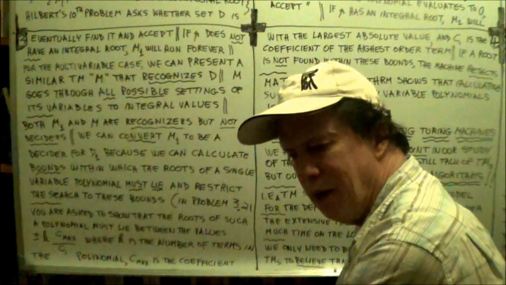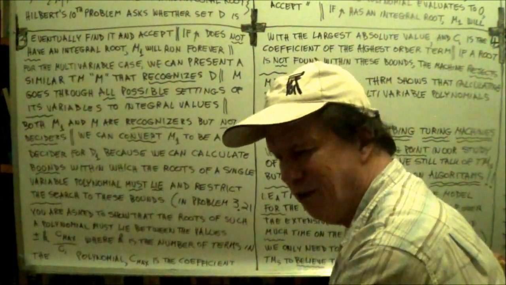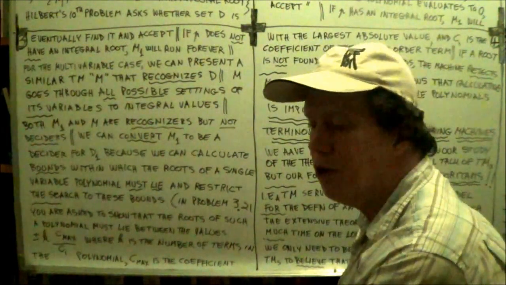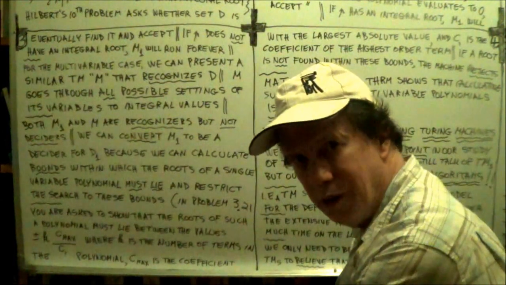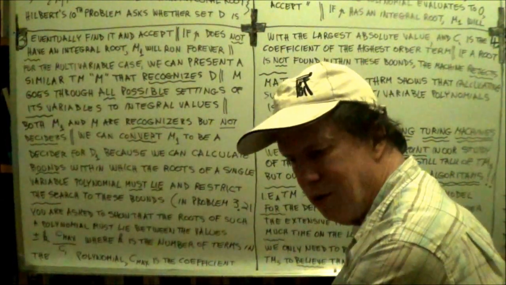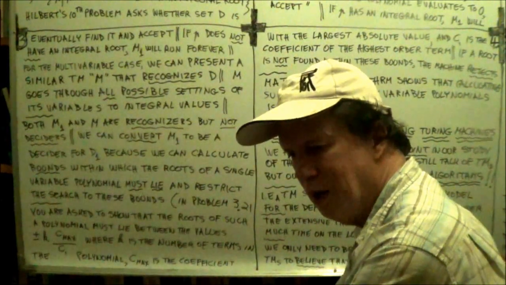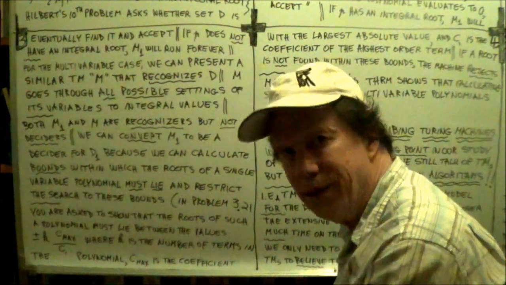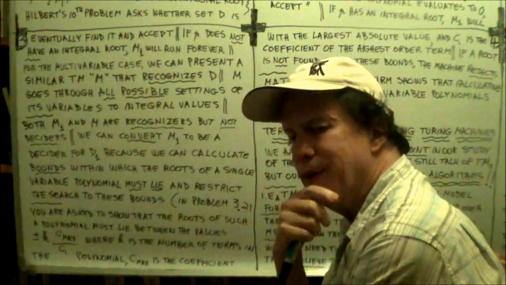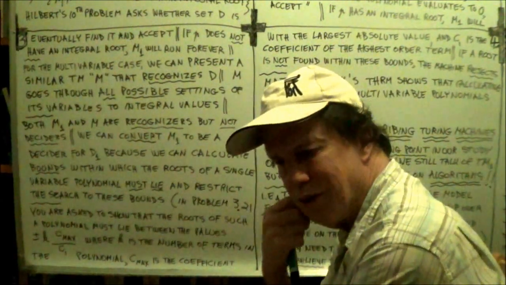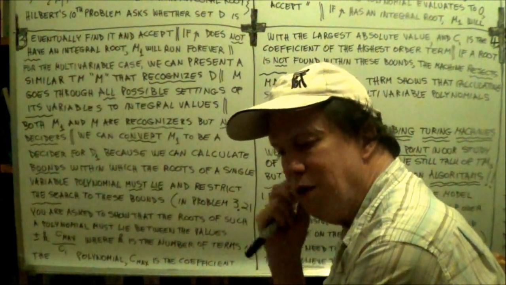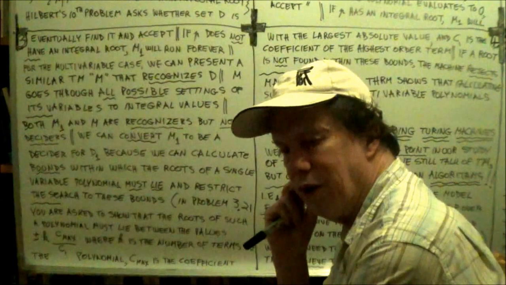Fairly soon, your 4x cubed term is going to absolutely dominate the others. So intuitively, you'd think there ought to be some kind of test. You put limits or bounds on the value of x, so that if you go outside these bounds, you know that it's just going to go on forever.